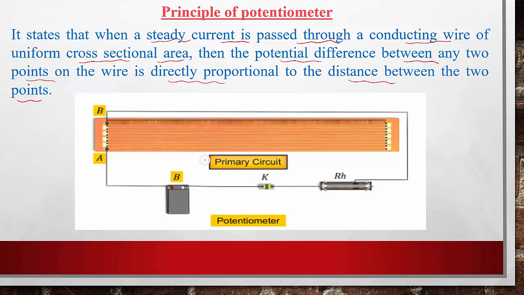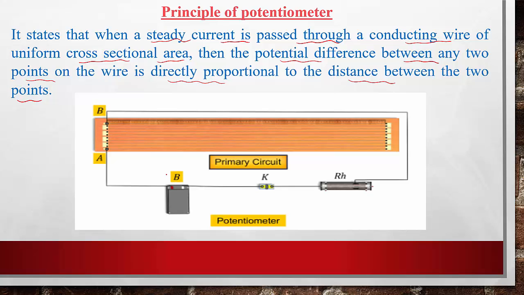The potential difference between any 2 points on the wire, suppose I move the sliding contact from the terminal A on this wire. This wire is fitted on the wooden board between the terminals A and B. When I use the jockey, or you can call it a sliding contact, it is just like a pen. When we slide that pen on this wire, we will get a deflection in the galvanometer.